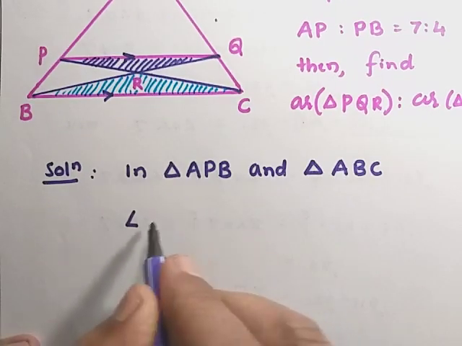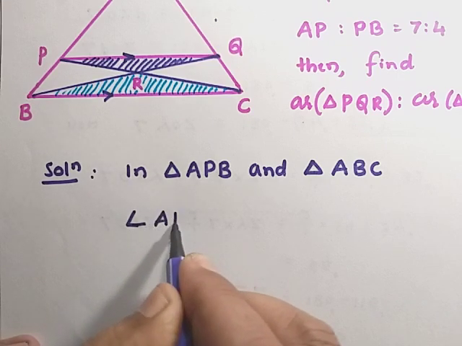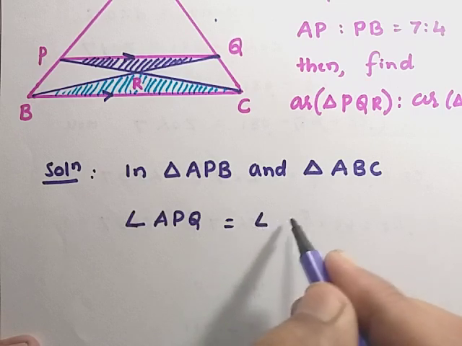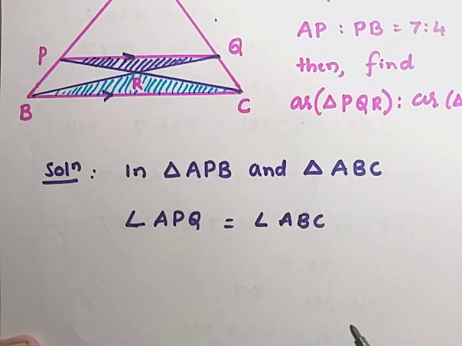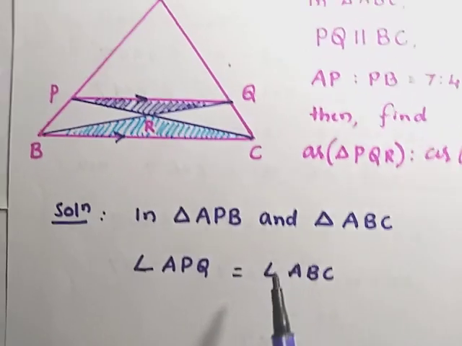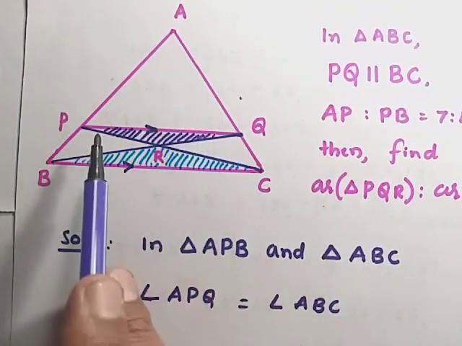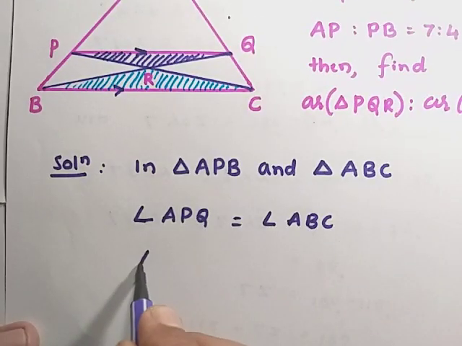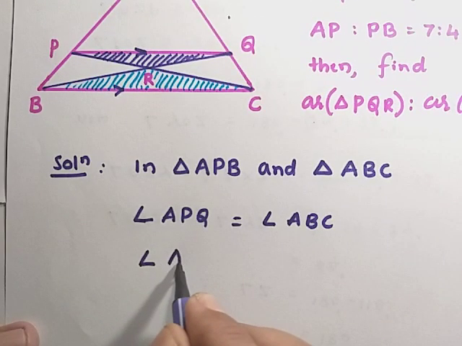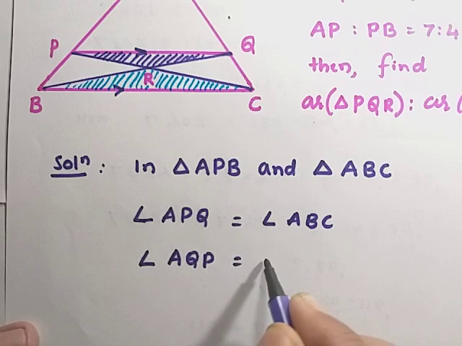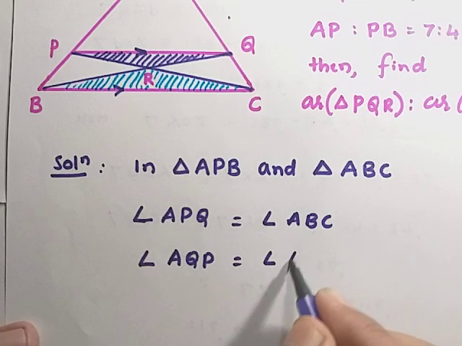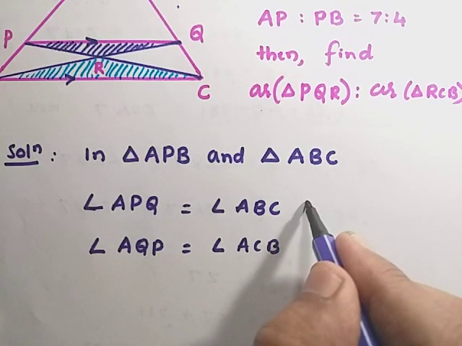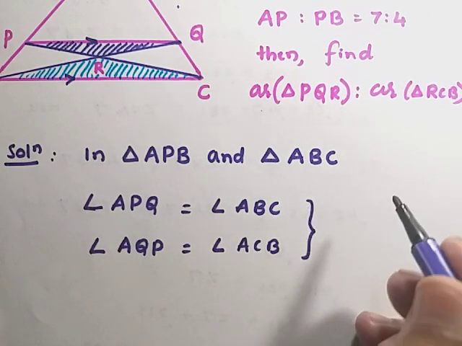Angle APQ is equal to angle ABC, and similarly angle AQP is equal to angle ACB.